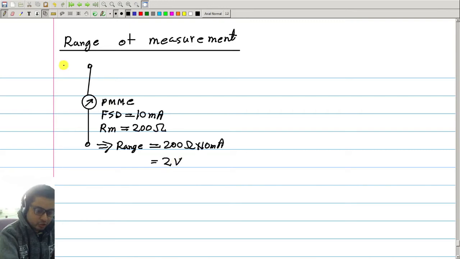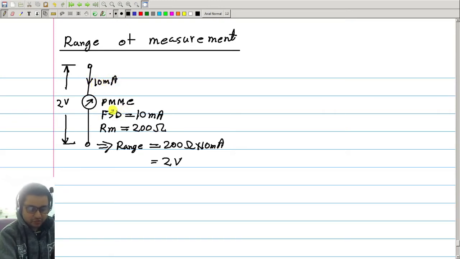If you apply 2 volt between these two terminals, then how much current will flow? 2 volt divided by 200 ohm, that means 10 milliampere current will flow, and according to the specification of the meter, that will give full deflection. So with 2 volt we will get maximum full deflection, and we cannot measure more than 2 volt with this meter as it is. So this is the range of the meter.